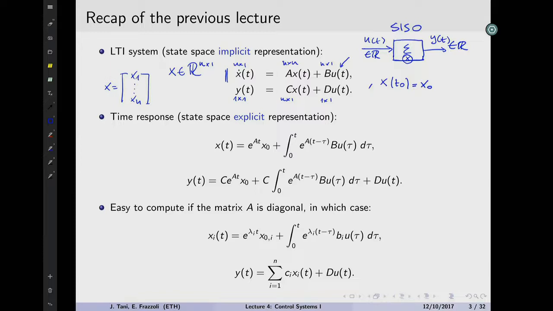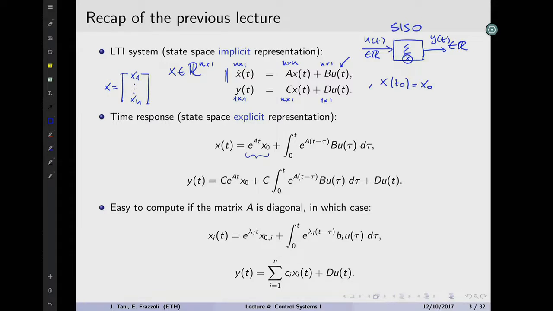So in last class, we did a few calculations and we showed that we can explicit the solution in that way. So x of t, we leveraged this concept of linearity, of superposition, and we said, okay, why don't we search for a solution in such a way that it's the sum of two terms. The first one depends only on the initial conditions, not on the input.